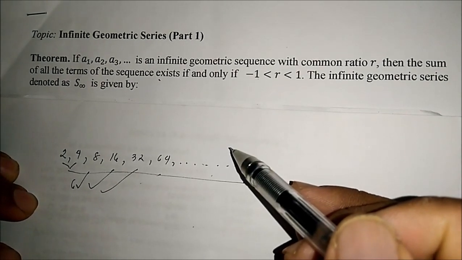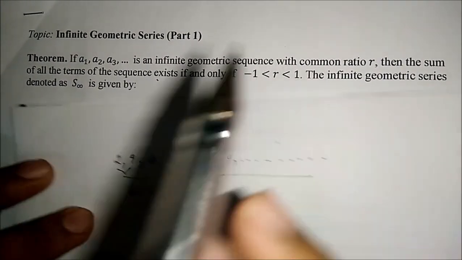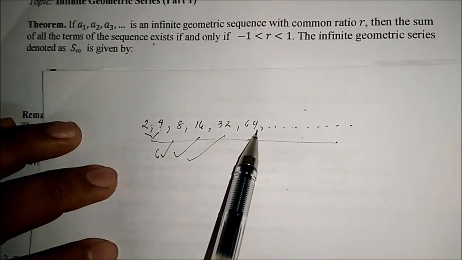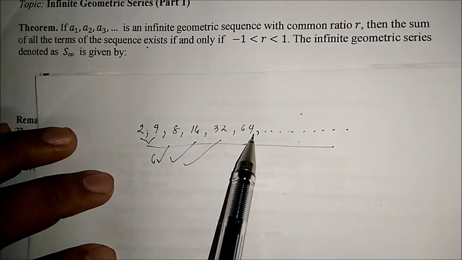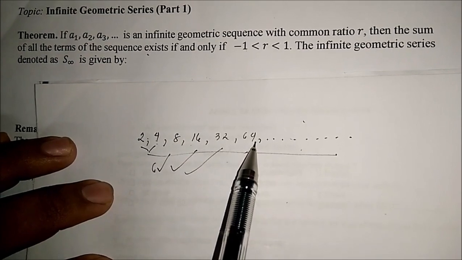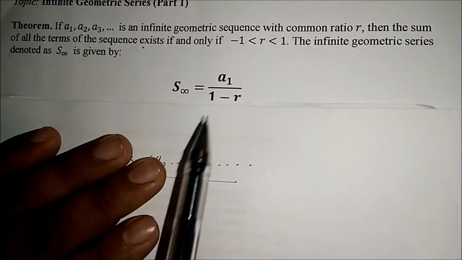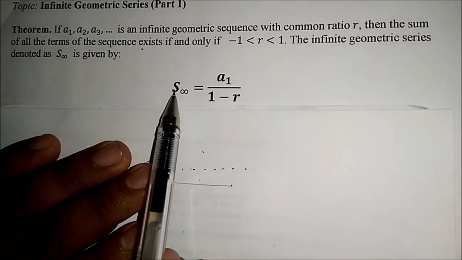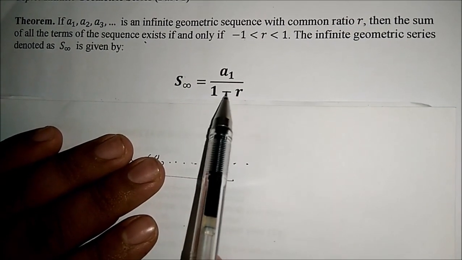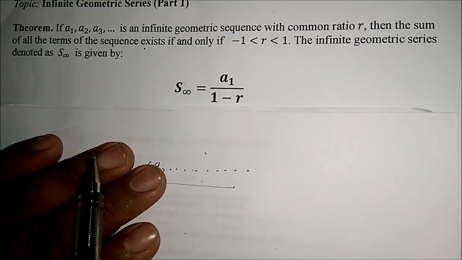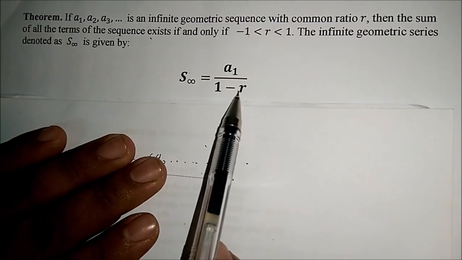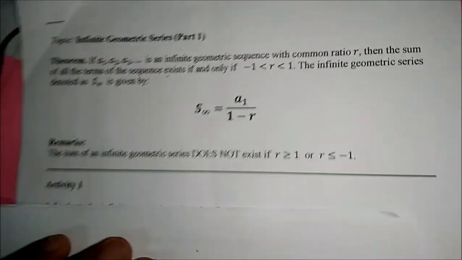So, negative 0 point something or positive 0 point something or proper fraction. Otherwise, hindi natin pwedeng kunin ang sum. For example, ito, the ratio here is 2. Since the ratio is 2, then we cannot get the sum. But if the ratio is 1/2, pwede natin kunin yung sum. So, how do we do it? We will use this formula. The sum up to infinity is equal to a sub 1 over 1 minus r. a sub 1 is the first term, and r is the common ratio.